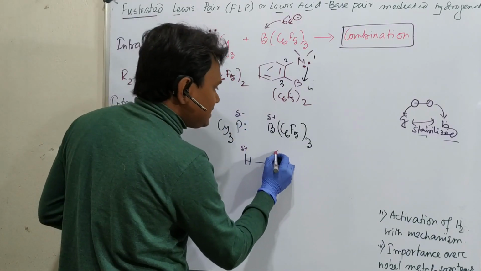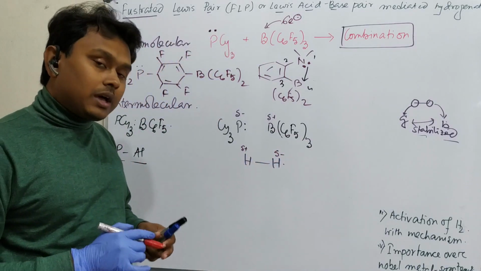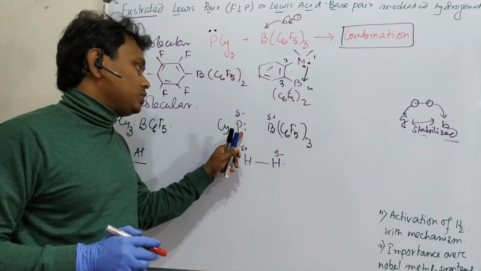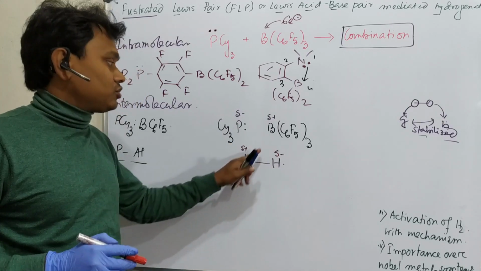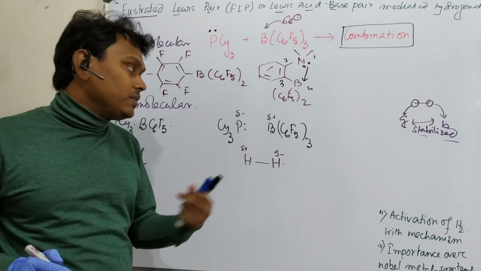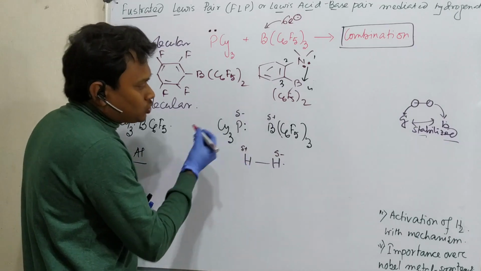Close. This is minus. Now there is no traditional rule, based on my study, that this Lewis base will activate the hydrogen first or the Lewis acid. No, it depends on system to system which part is active, some steric, electronic, other factors. Okay, so what happens?